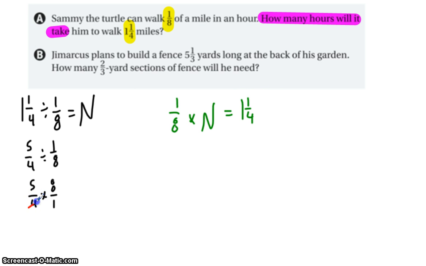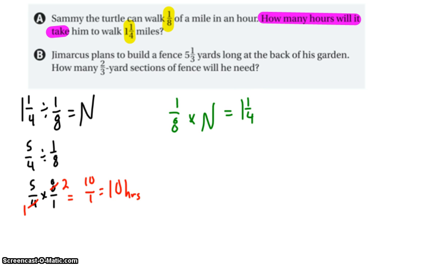So I can cross the 4 off and make it a 1, and I can cross the 8 off and make it a 2, and simplify my problem before I solve. So 5 times 2 is 10, 1 times 1 is 1, and I write my answer as 10, and since we're talking about how long, it's going to take him 10 hours.